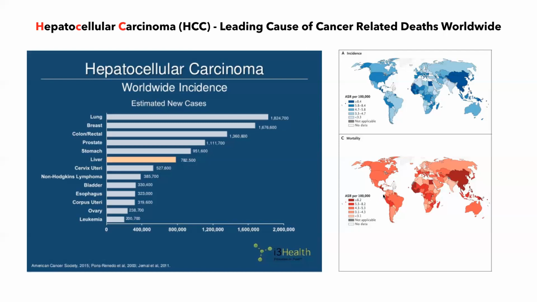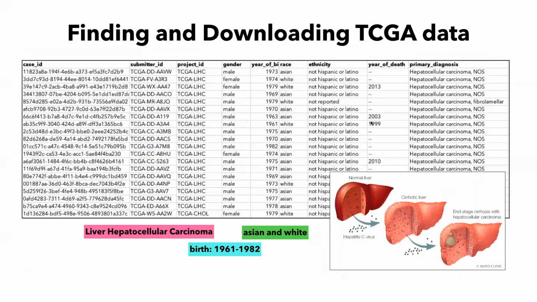You can see how it's distributed in different locations, right? And what is the type of data we have to study this problem? What we have is, for example, from FireBrowse, or actually from this paper itself, you can download the clinical phenotypes.